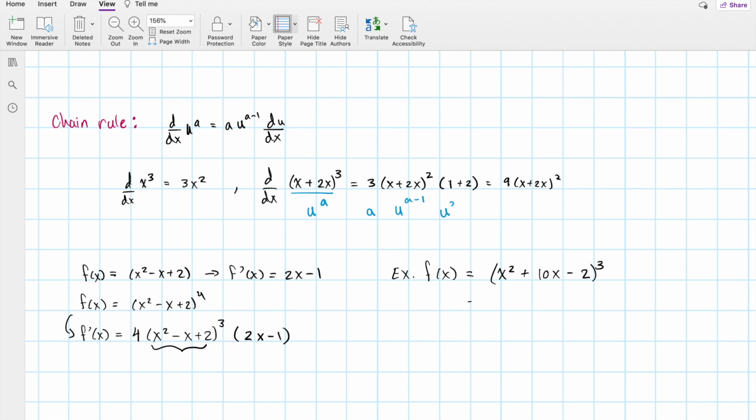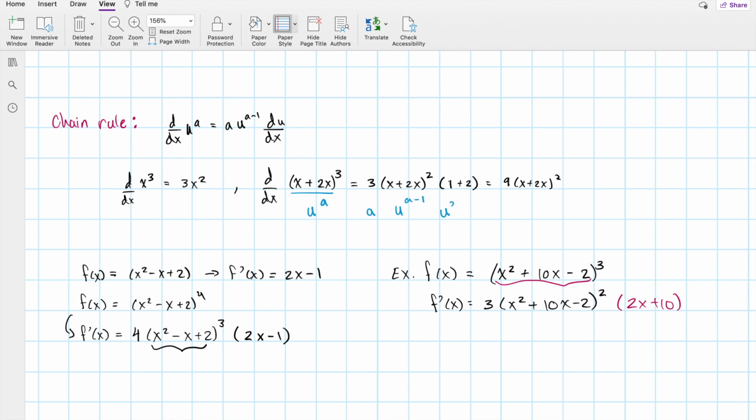Again, the derivative of this is going to be 3, which is the power rule, times x squared plus 10x minus 2 to the power of 2, still the power rule. We have to leave it as it is first, and only then do we multiply it by the derivative of what's inside the bracket, which is 2x plus 10. And that's it. Not so scary, right?